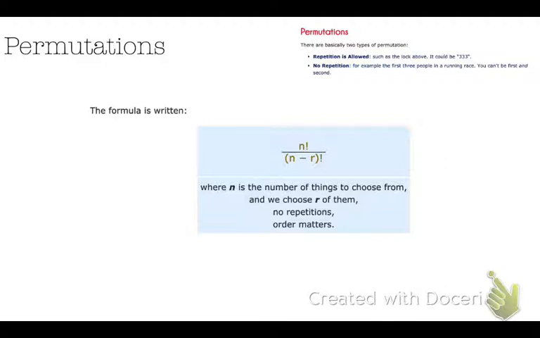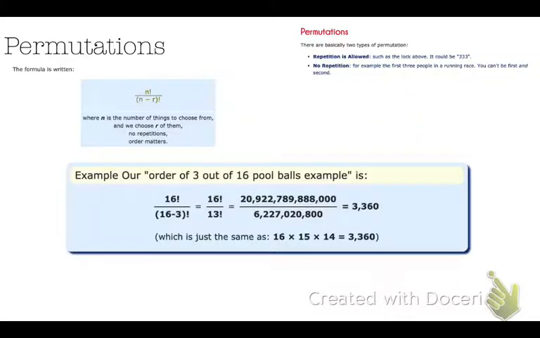So in our previous example, n would be 16, and r would have been 3. So we could have done it this way, 16 factorial over 16 minus 3 factorial. Well, that's 16 factorial over 13 factorial, which we still get 3,360, which honestly is a little bit easier to just calculate this way.